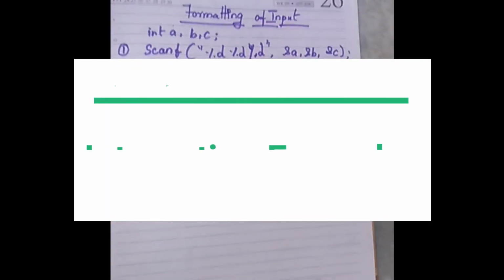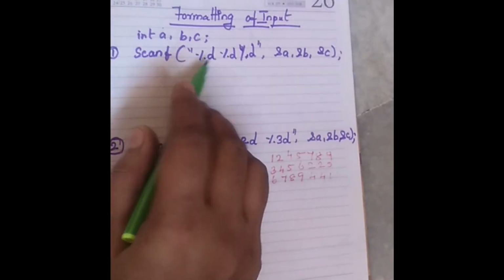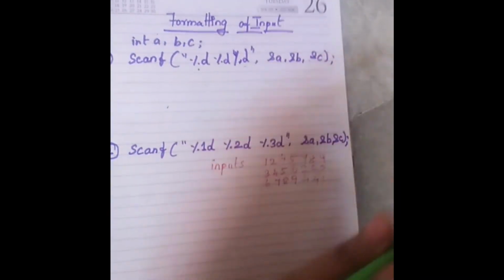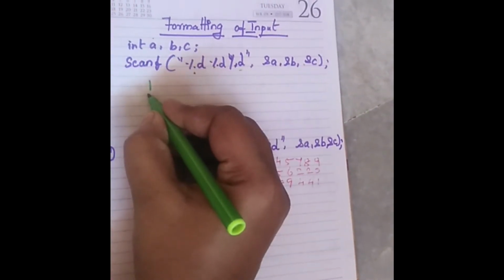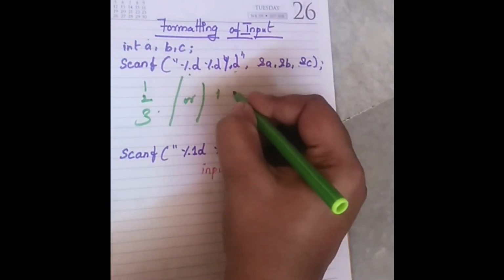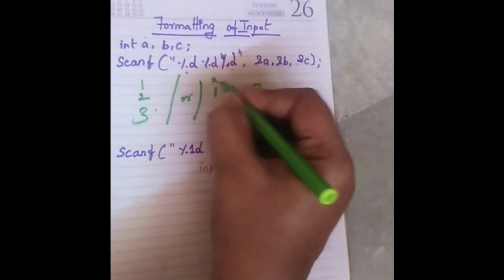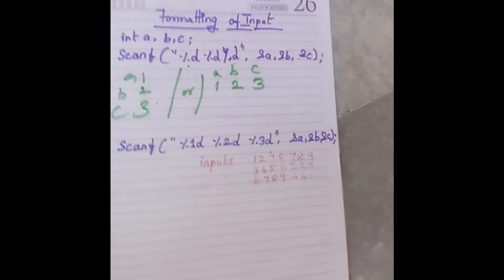Next, let me consider this example: integer a, b, c, with %d,%d,%d for a, b, c. What is the input format? 1,2,3 or 1 space 2 space 3, for a, b, c.